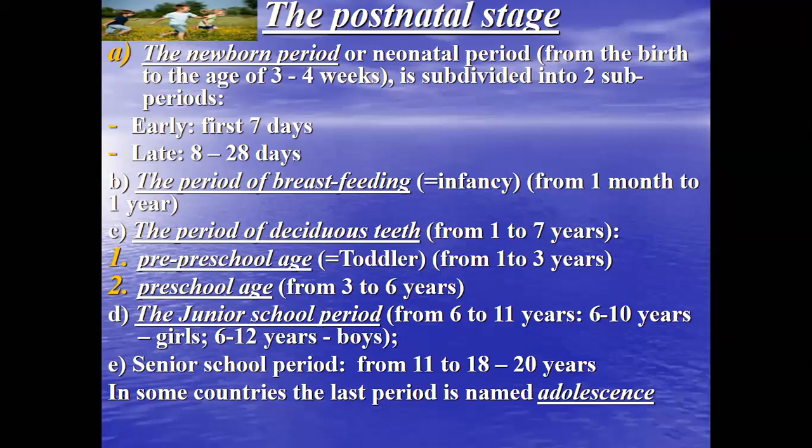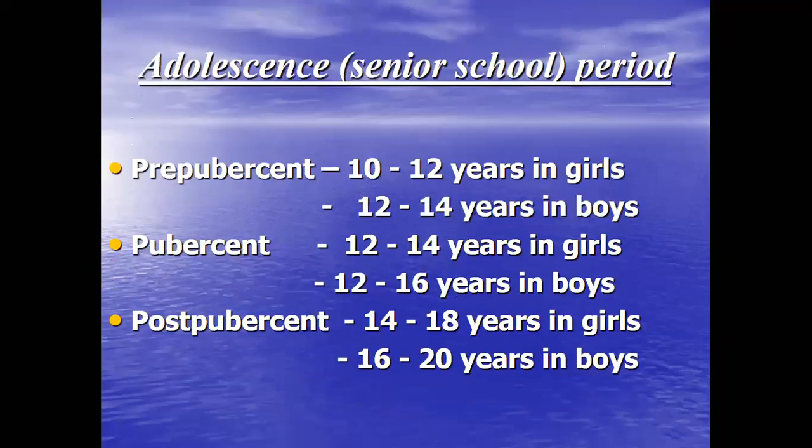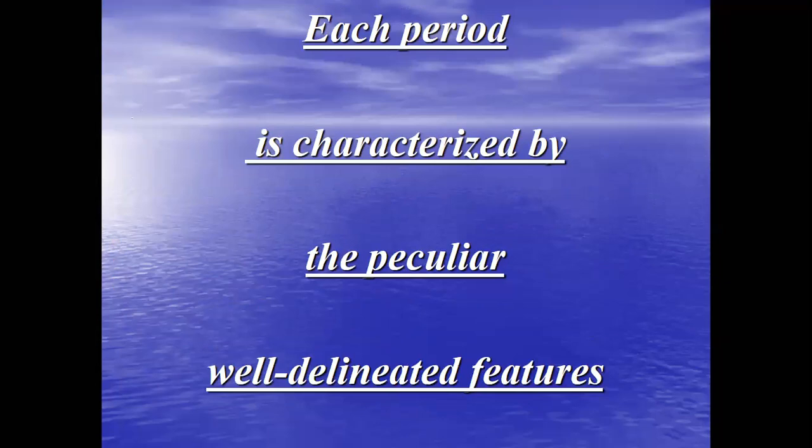Next, the last postnatal stage is the senior school period from 11 years till 17, 18, and 20 years. But in some countries, the last period is also named adolescence. So adolescence or senior school period is subdivided into several groups: prepubescent period, pubescent period, and post-pubescent period. Each period is characterized by peculiar features.